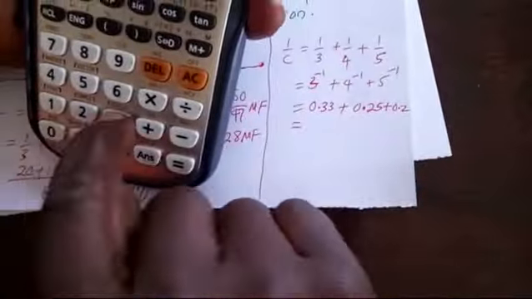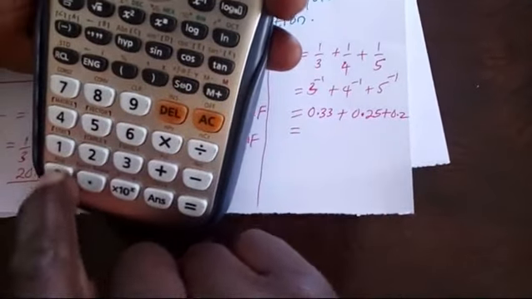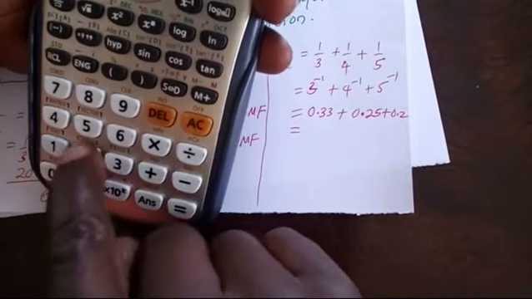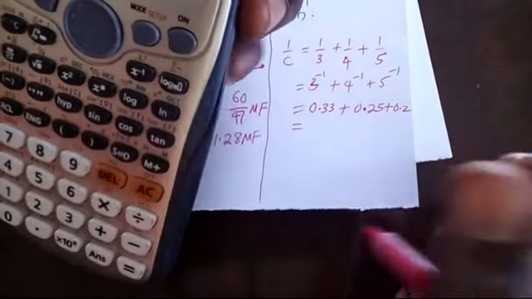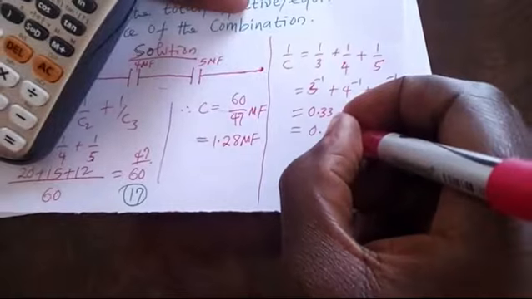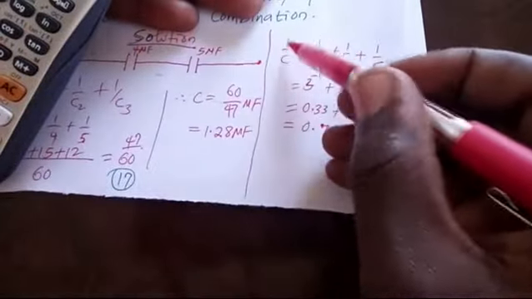Now add these together: 0.33 plus 0.25 plus 0.2 gives you, in decimal, 0.78. But remember, this is not your answer, because you have 1 over C here.